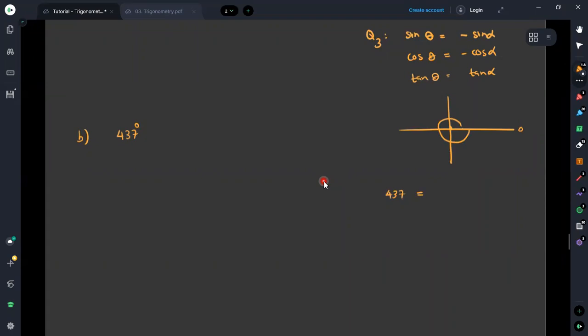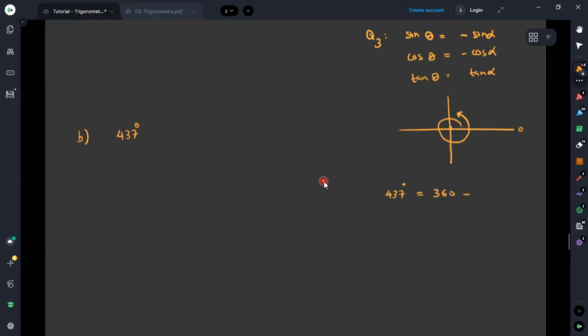Once you subtract that quantity, the remaining would be 437 minus 360 degrees. Therefore, we get this quantity as 77 degrees. Therefore, the remaining quantity should be 77.